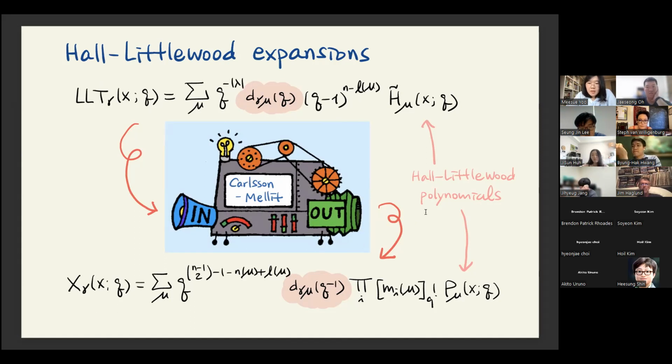So the good thing is that if you are able to compute the modified Hall-Littlewood expansion of the unicellular LLT polynomial, then you automatically get the coefficient of the original Hall-Littlewood expansion of the chromatic quasisymmetric function. So that's what I'm going to explain.